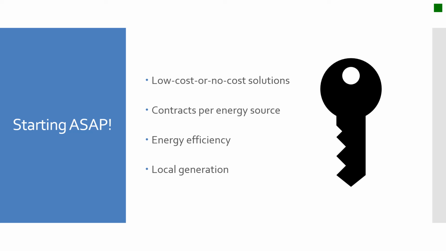So one consumer might have a number of ongoing contracts because it might be for power, for natural gas, for LNG, for biomass, and potentially other sources.